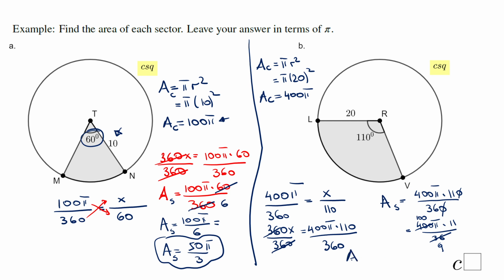The area of the sector in terms of pi will be, let me write that as a sub s down here. So the area of this sector will be 100 times 11. That will be 1100 pi over 9. Okay, if you need to approximate, use a calculator.